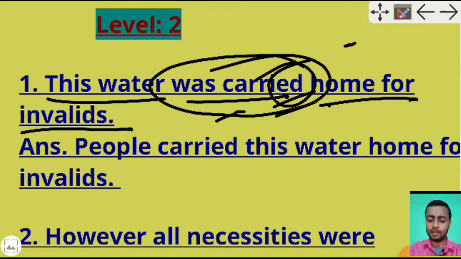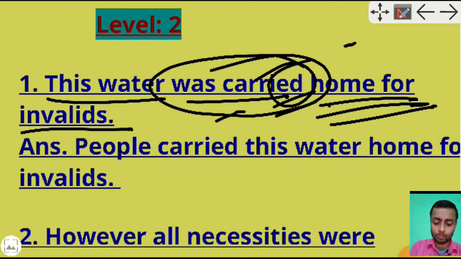Let's see the answer. And another point, here there is no object, so you have to imagine, you have to understand what will be the subject of your active voice. So this water was carried home for invalids. Who carried it? People of that area, on whose home there was, and they are invalids, people who are ill. So we have taken the subject as people.